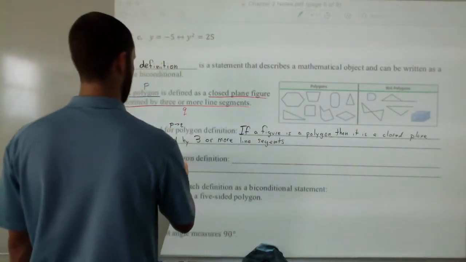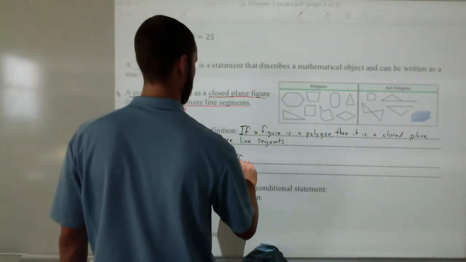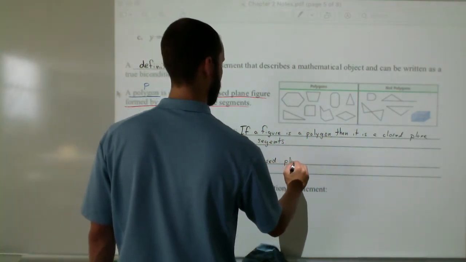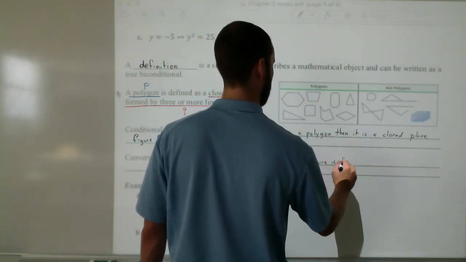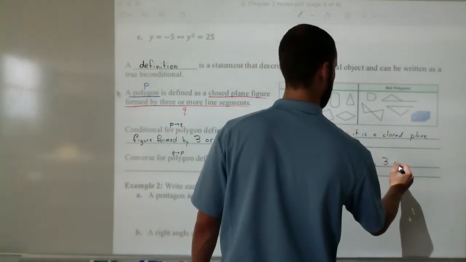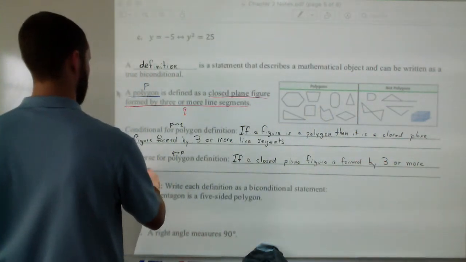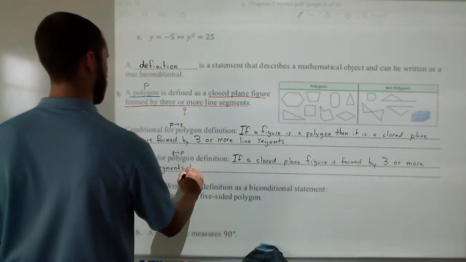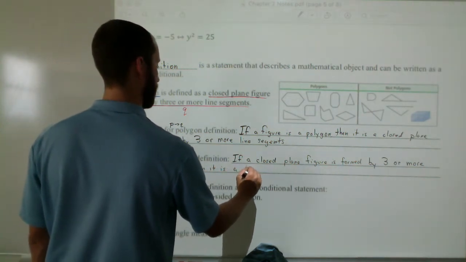So now the converse. The converse, Q then P. If a closed plane figure is formed by 3 or more line segments, then it is a polygon.